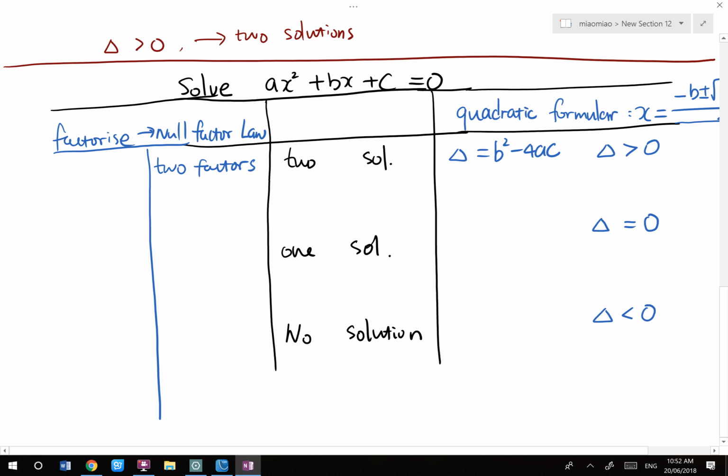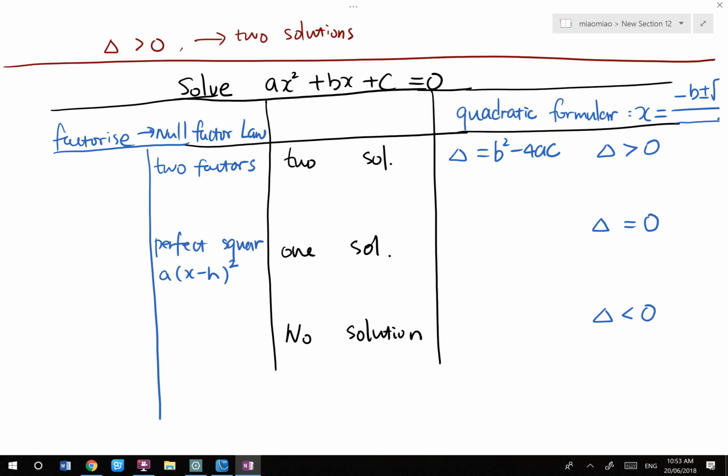For one solution, it means it is a perfect square and a repeated factor, which is a(x minus h) squared, like x minus h times x minus h. Don't worry about the a, it is just a coefficient. You can divide it out of everything when you solve that equals 0.